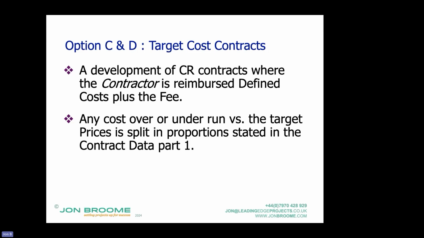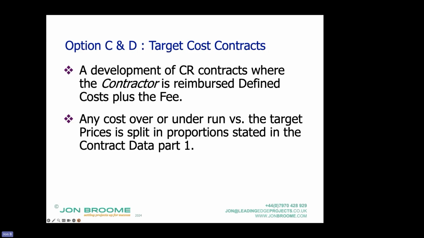The payment terms are exactly the same, but at completion, so when the contractor has done enough for the client to use the works or others to come in and use the works, there is a first reconciliation, and essentially you're splitting the gain or the pain at that point.